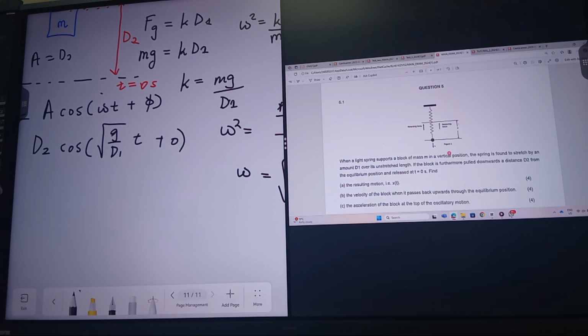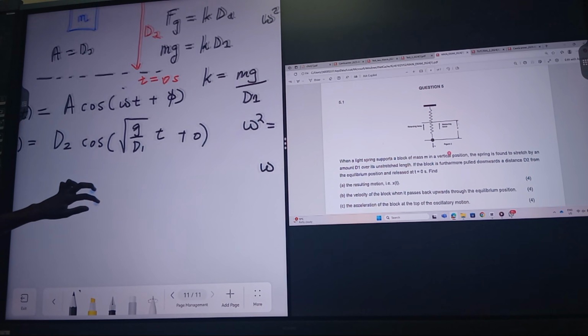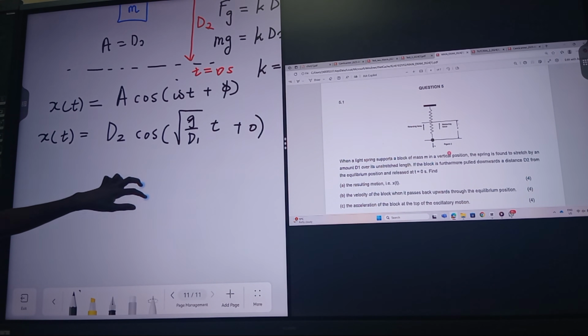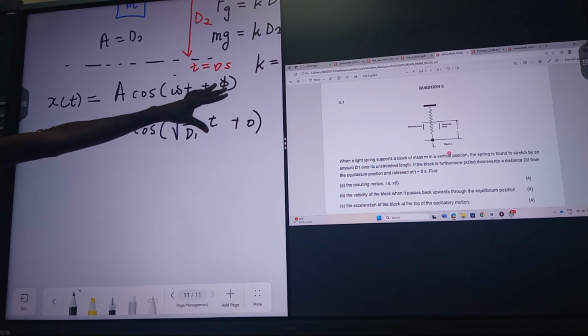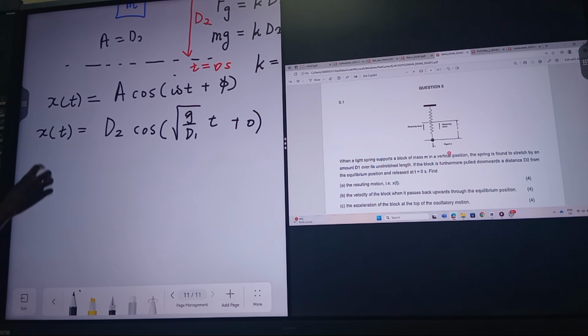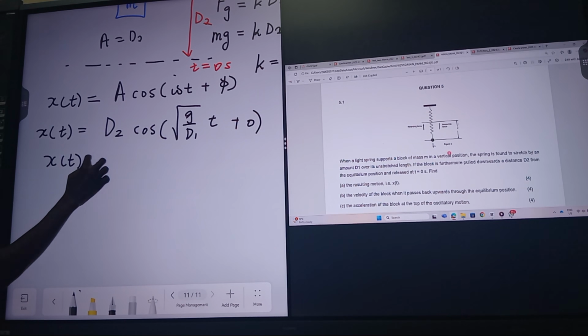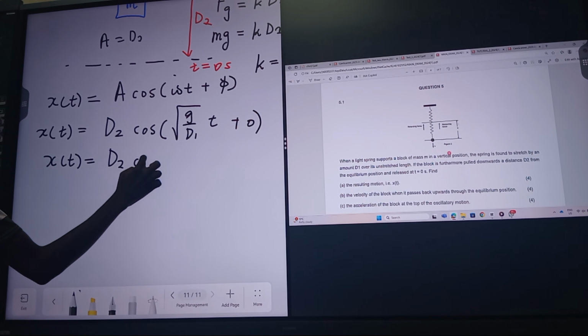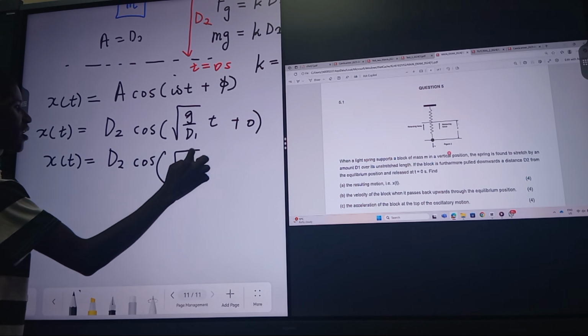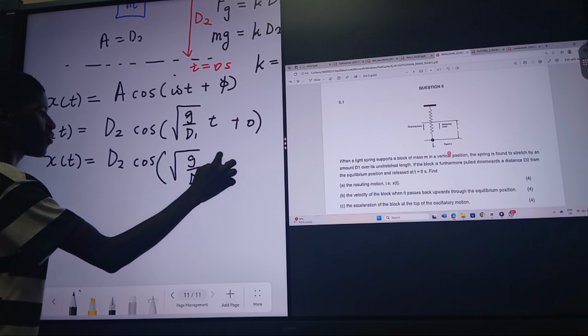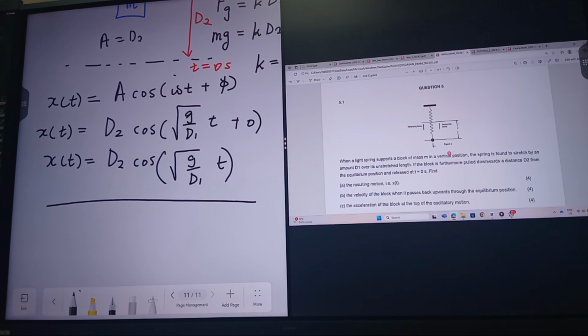Your cos function hasn't been shifted for all initial conditions. So the position equation is given by d2 cos of the square root of g over d1 times t. That's the resulting motion, the position equation in simple terms.